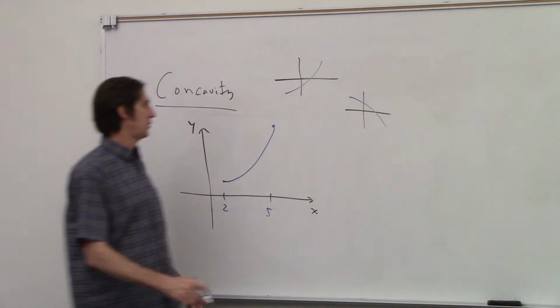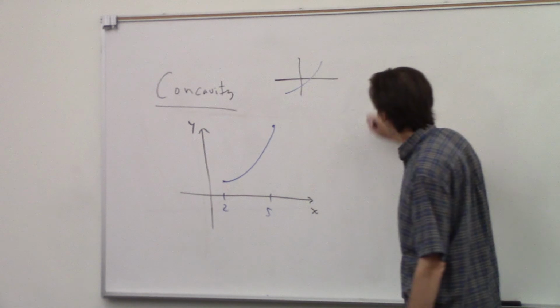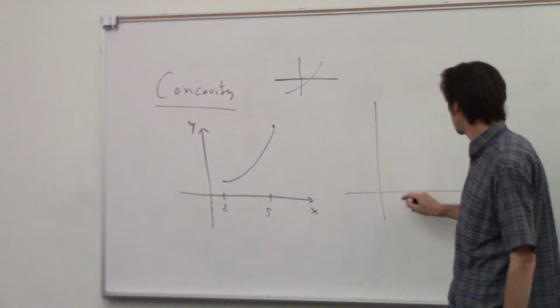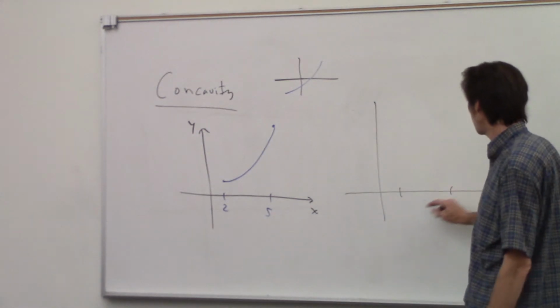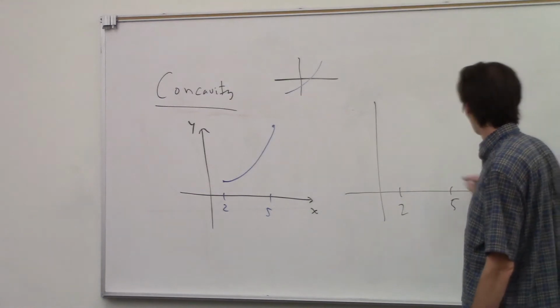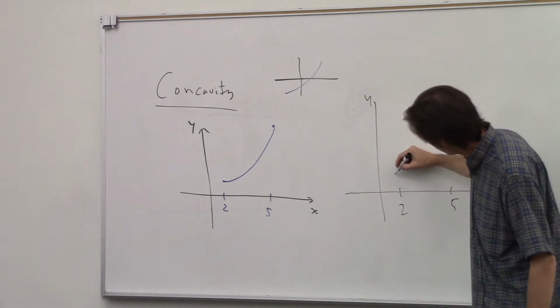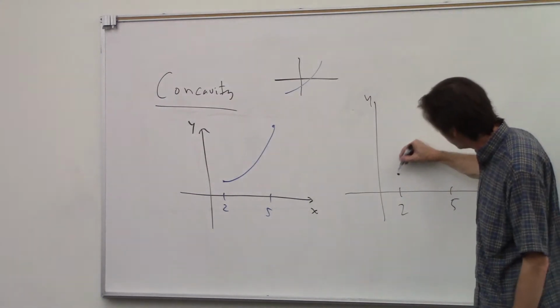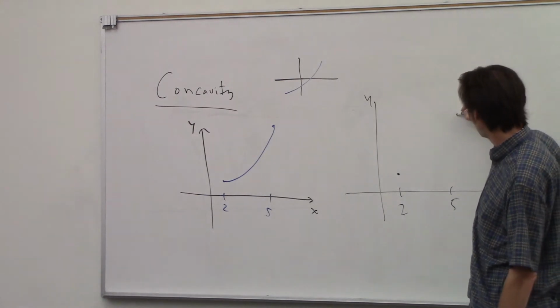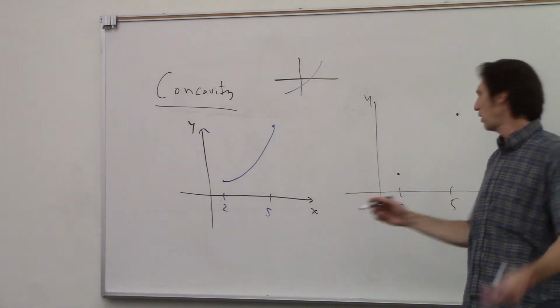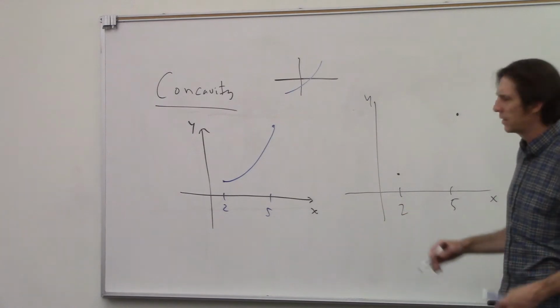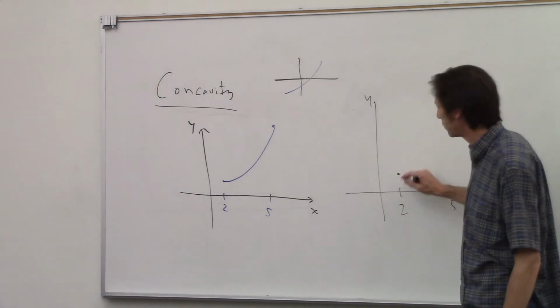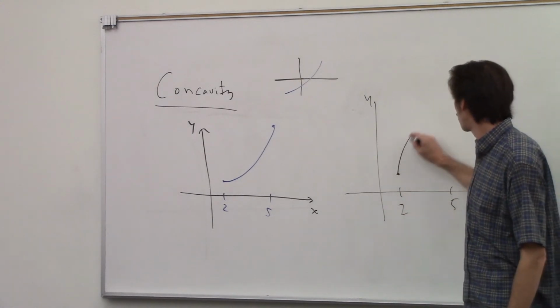And then I'm going to have a similar curve, a similar function, also on the interval 2 to 5. Maybe it'll have the same height at the endpoints, roughly. And it's still going to be increasing, so I can't use increasing and decreasing to differentiate between these two pictures. But this time, the function looks like this.